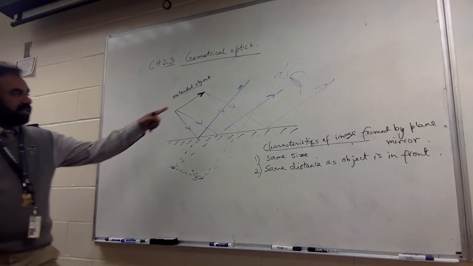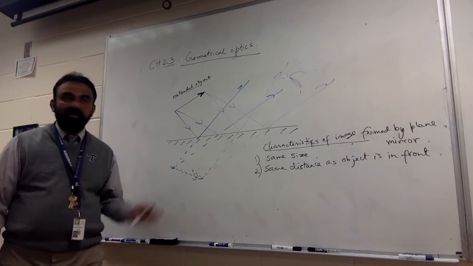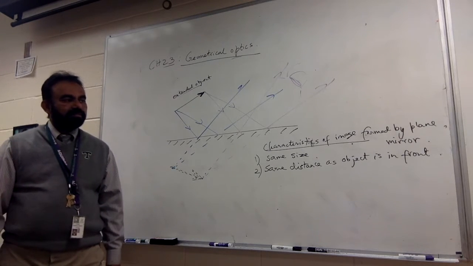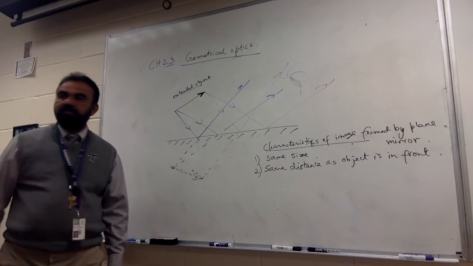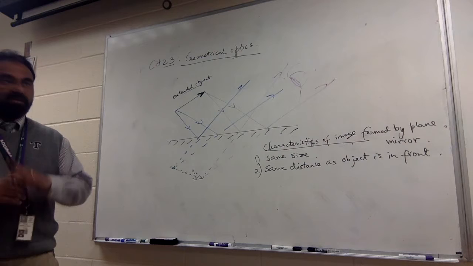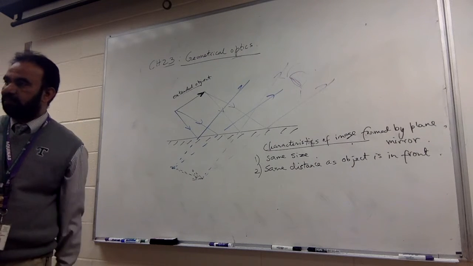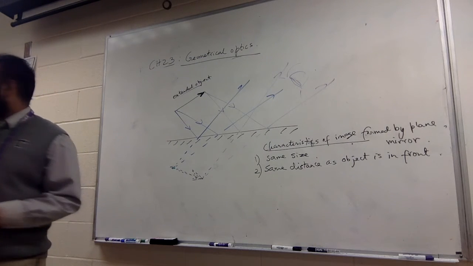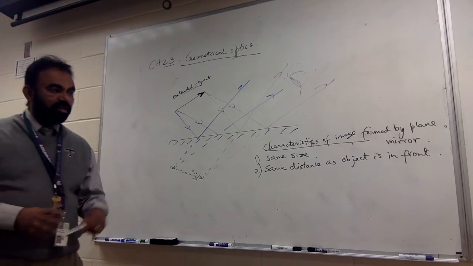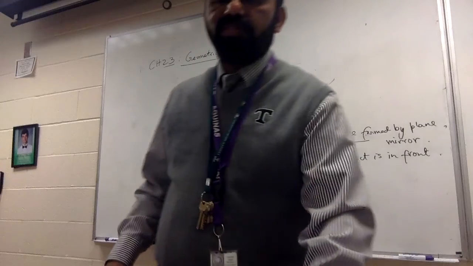So if the object is a certain distance in front of the mirror, the image has to be exactly behind the mirror, same distance. So if you're standing in front of a mirror and look at yourself, your image will be exactly the same distance on the other side. I'll continue with these two. There are some more characteristics to be added.